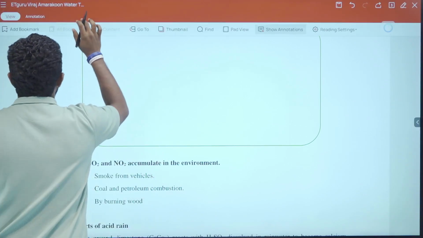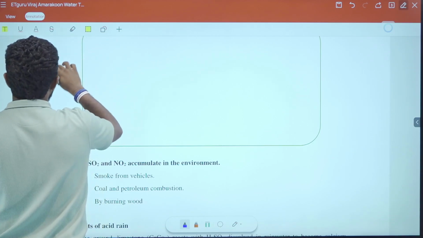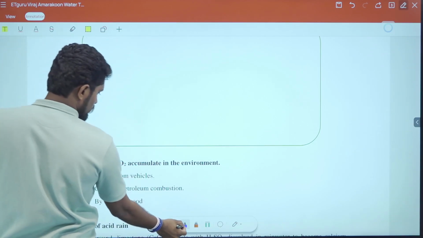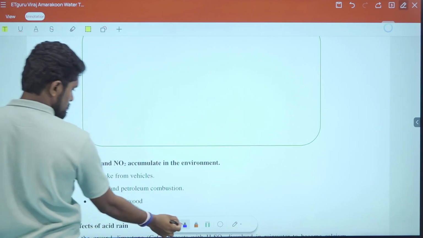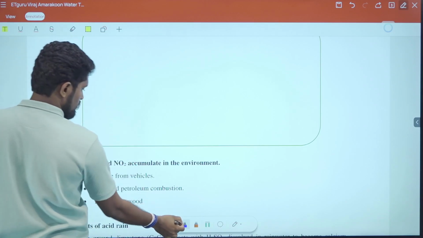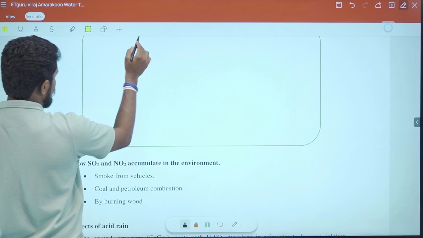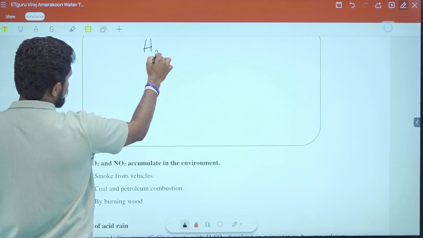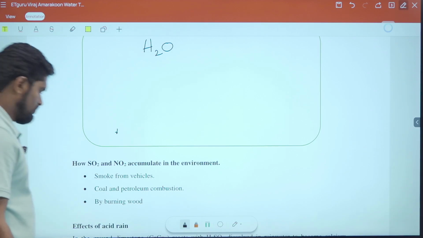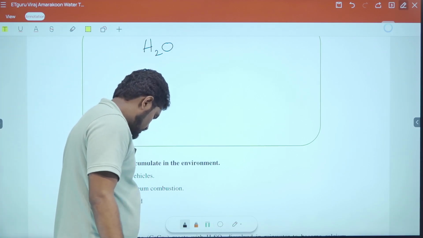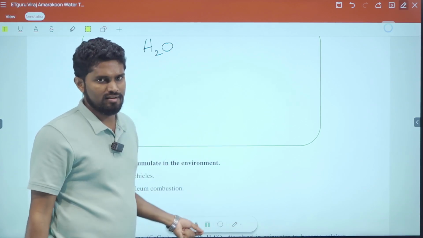For the water we can call it H2O. And after a burn happens, it exits carbon dioxide.